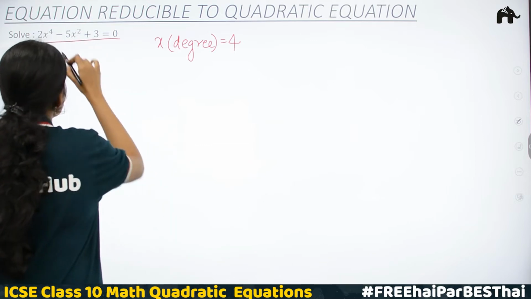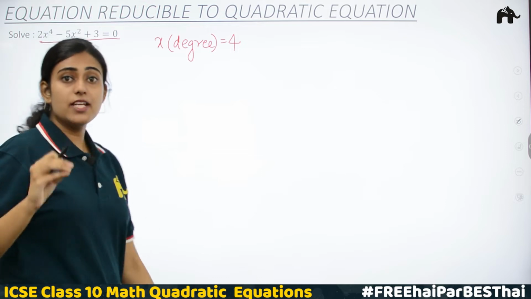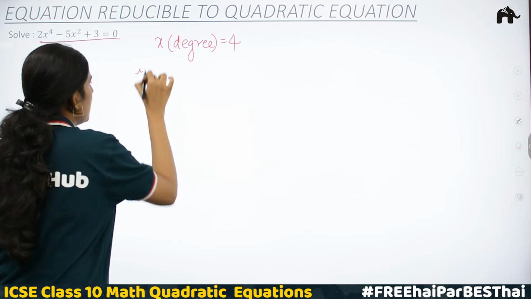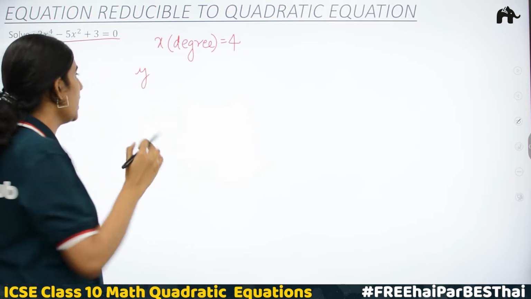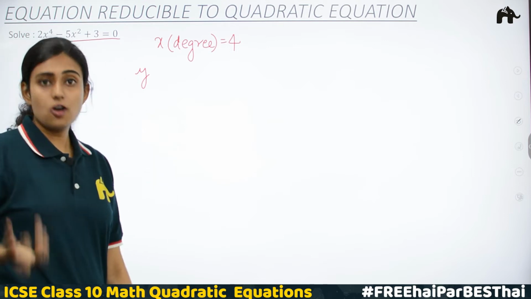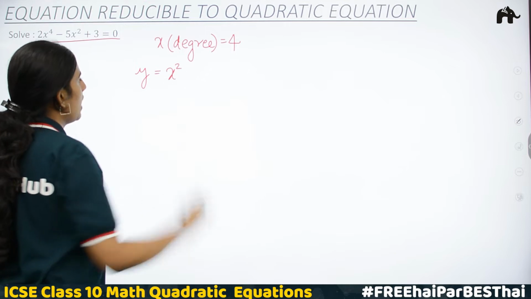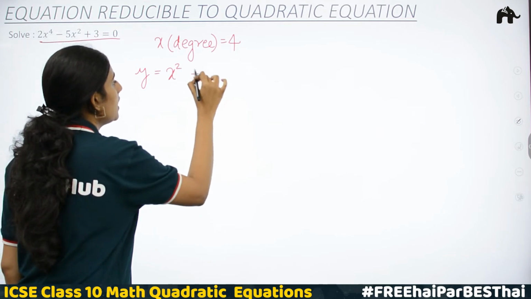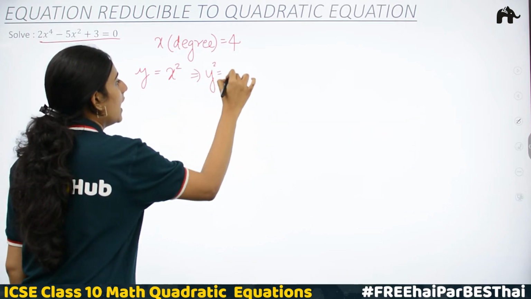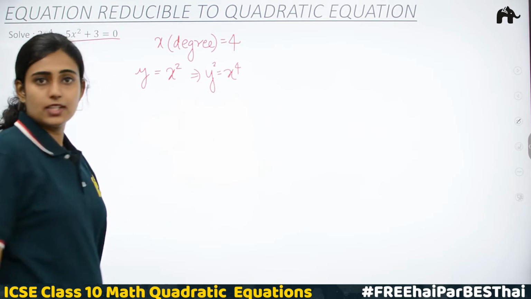Let's solve this. For that purpose, I will be introducing y. That is, I am making a substitution so that I can convert this into a quadratic form. When I take y is equal to x², what happens? y² will be equal to x⁴.